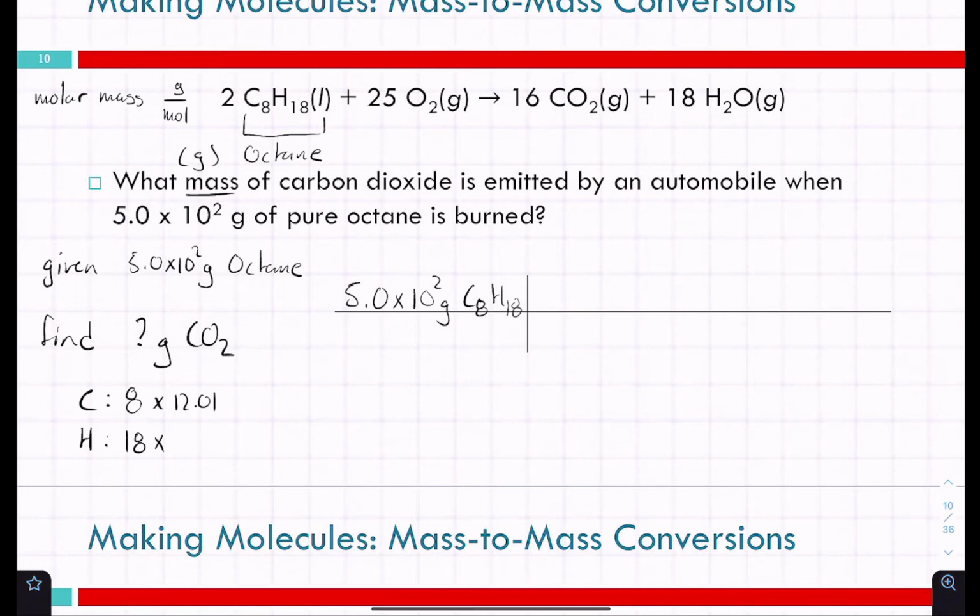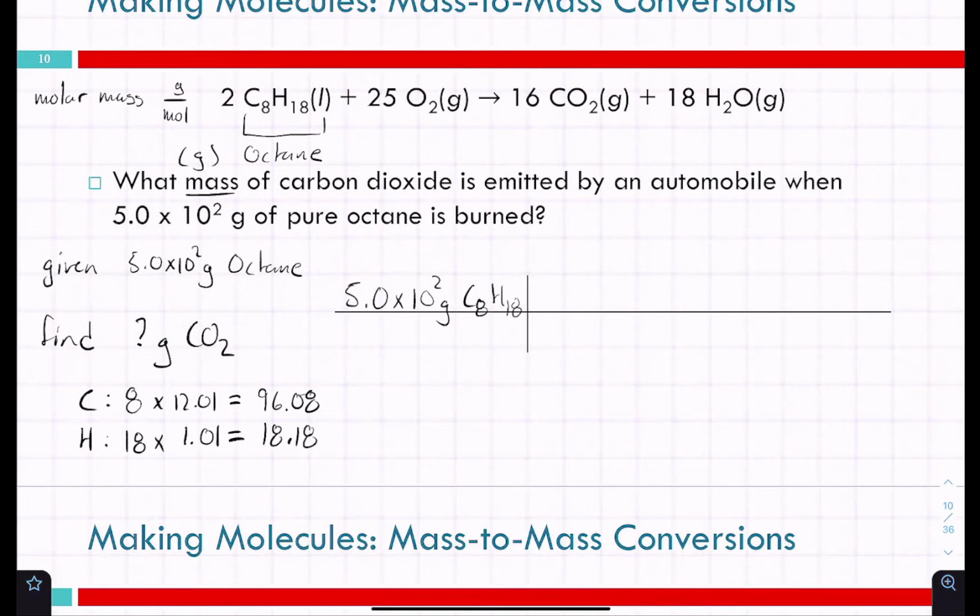And the molar mass of hydrogen is 1.01. So 8 times 12.01, that's going to be 96.08. And then 18 times 1.01 is going to be 18.18.